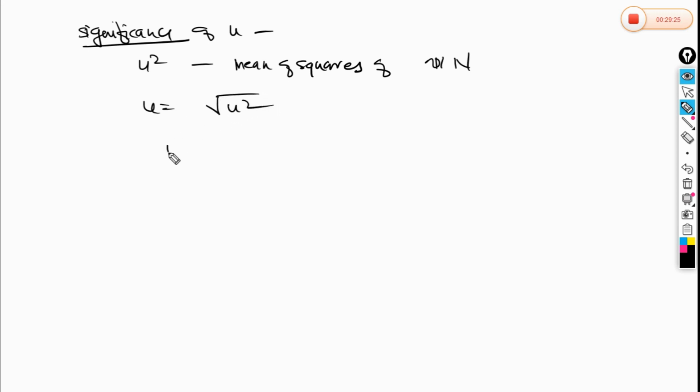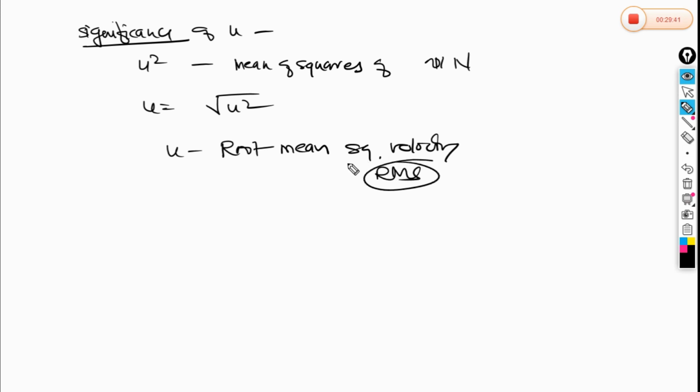Therefore u is called the root mean square velocity, that is RMS velocity.